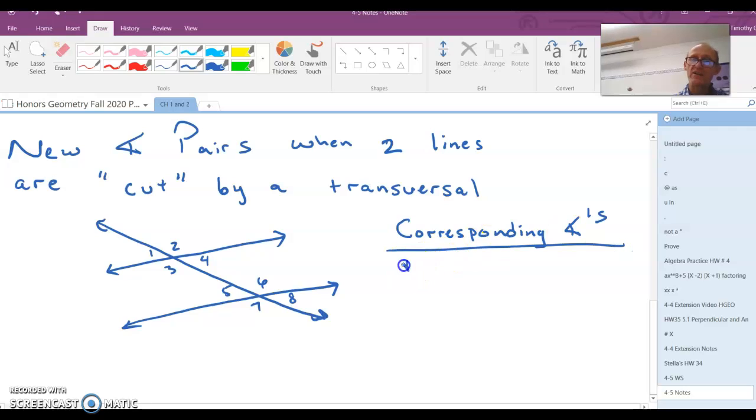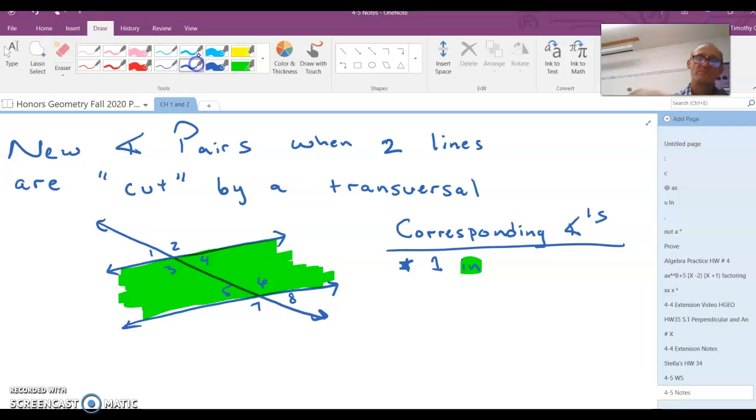Now, corresponding angles are one in, one out. What I mean by in is inside the two lines. What I mean by out is outside the two lines.